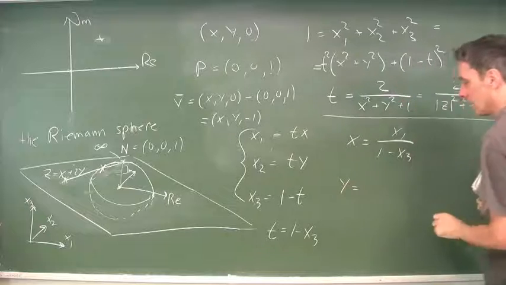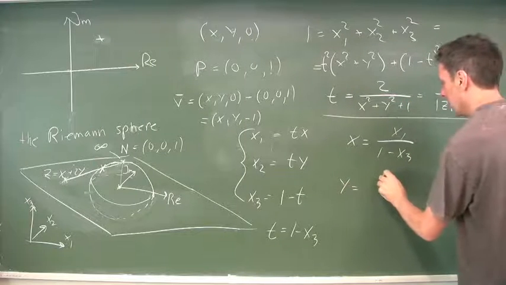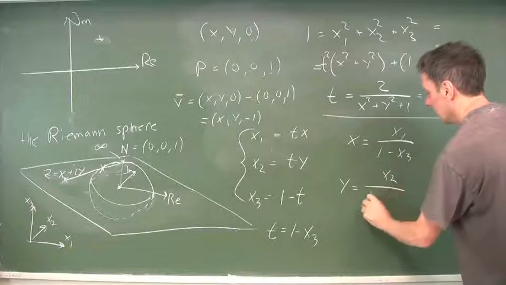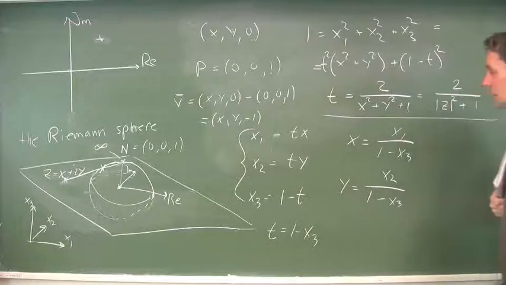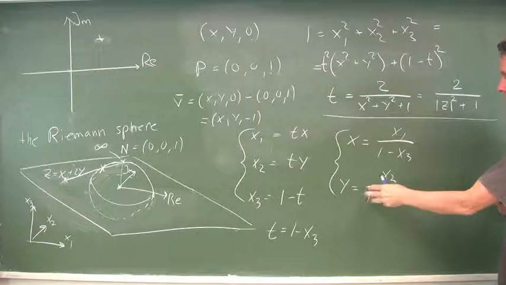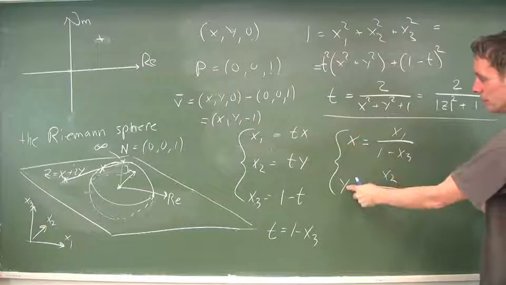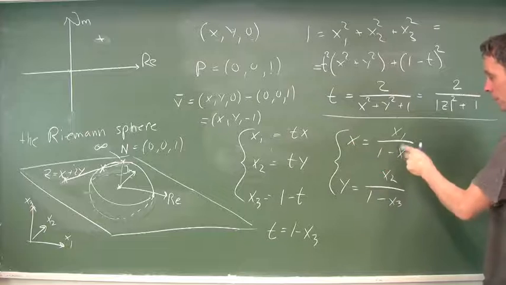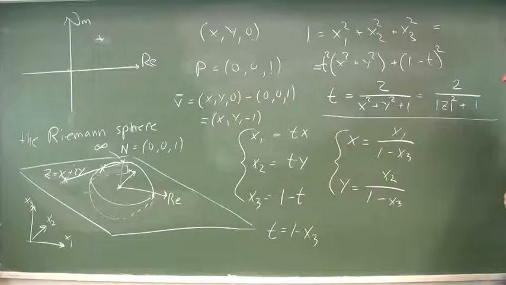And similarly, y will be equal to x2 divided by 1 minus x3. So this is the way to get the complex number. This is the real part and this is the imaginary part from the coordinates of the point on the sphere.